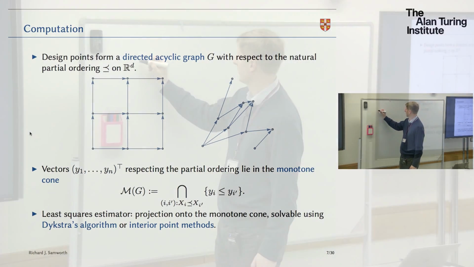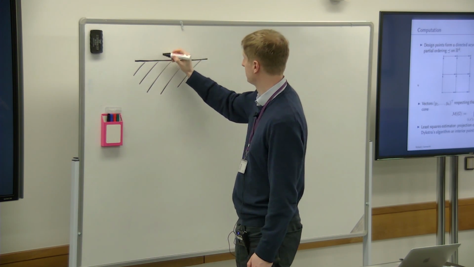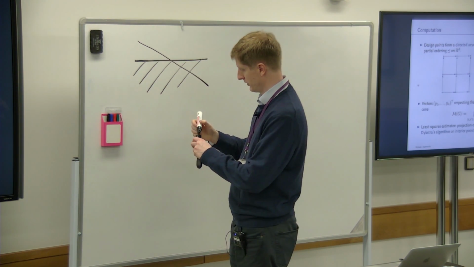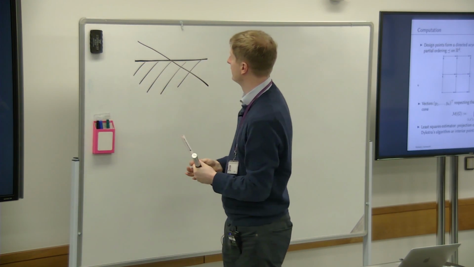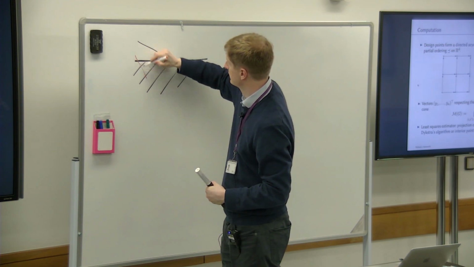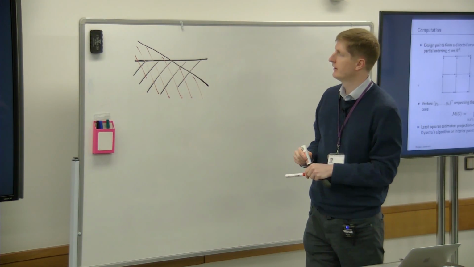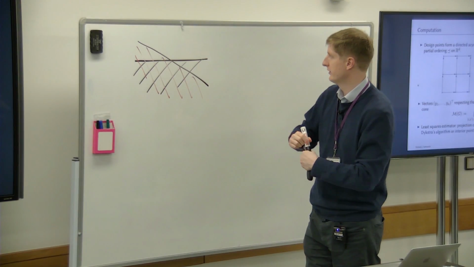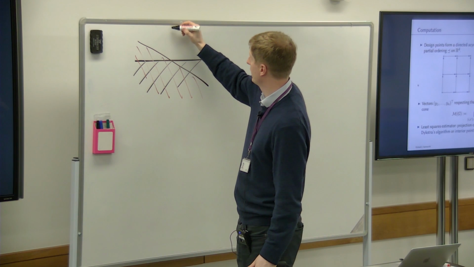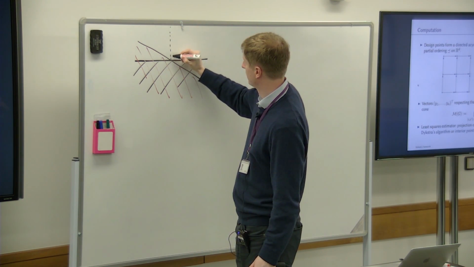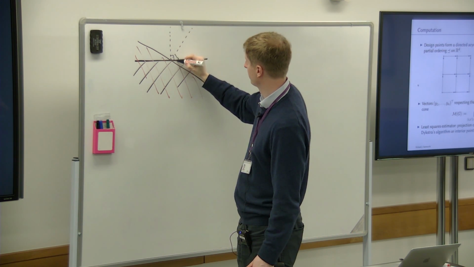So let's say I've got two different half spaces. Maybe I'll draw this with a different color. If I want to project onto the intersection of these different half spaces, I can think about the polar cone that looks like this.